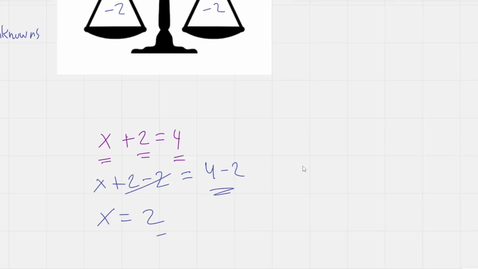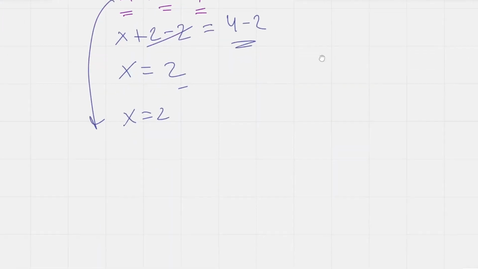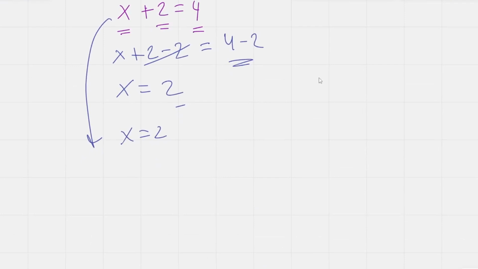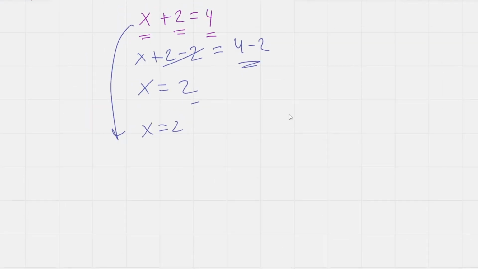So now we can isolate it out, and we can see that x is equal to 2. We can check this because if we plug x into the equation, we get that 2 plus 2 is equal to 4, and that's a valid statement. It's correct. So therefore, the x value is equal to 2.